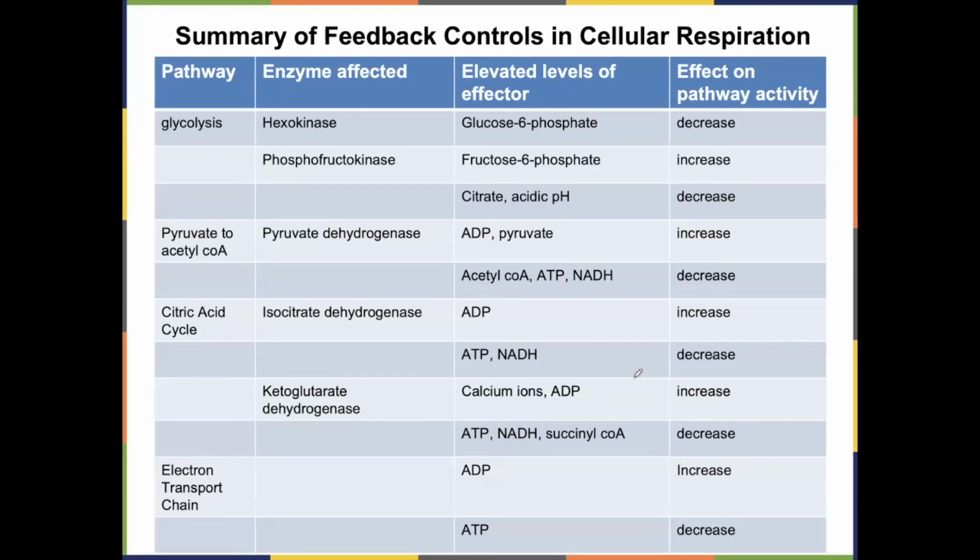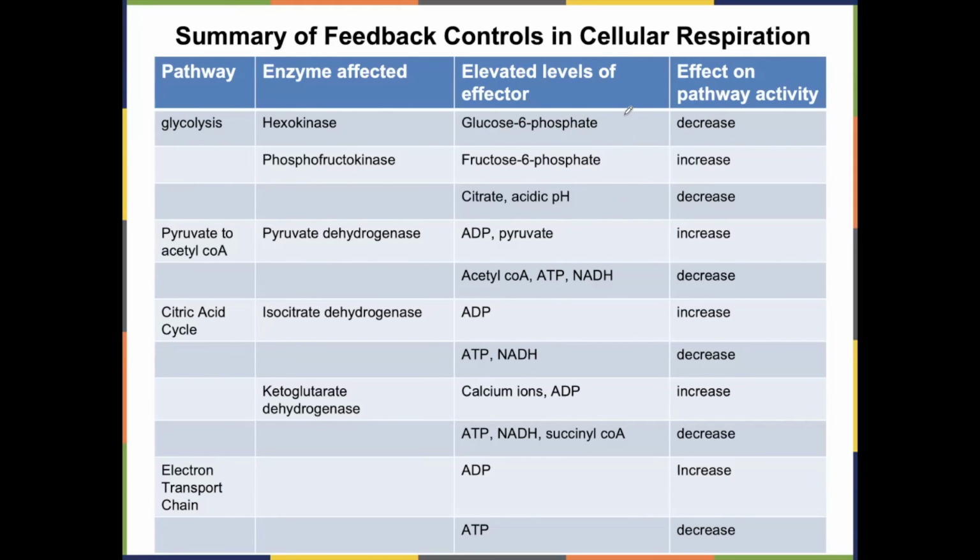If you recall, during our last chapter, we talked about some of the feedback mechanisms that can control a pathway, and we see that actually occurring in the pathways of cellular respiration. So for all of these pathways, there are certain key enzymes that are regulated by these effector molecules.